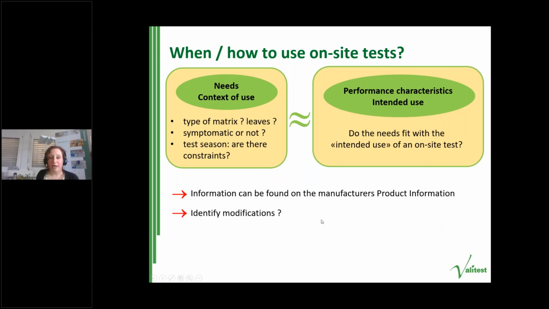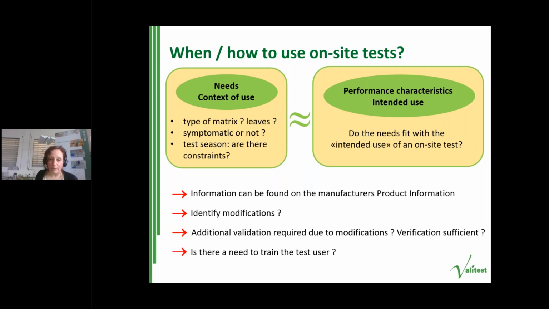You just have to identify potential modifications, and then you should do a small risk analysis and decide if you need additional validation or if verification of your needs or your modifications is sufficient. Then it's always important to ask the question if the end user should be trained, and please always ask us for advice. We know our tests and we are happy to assist you in any case.